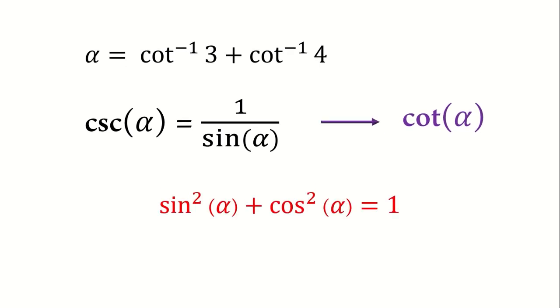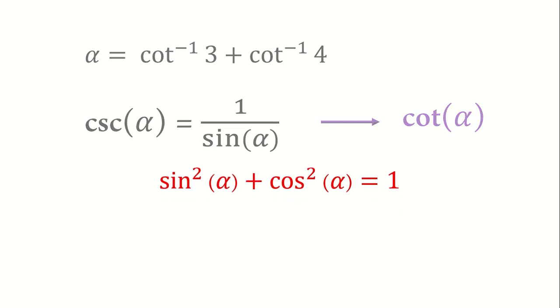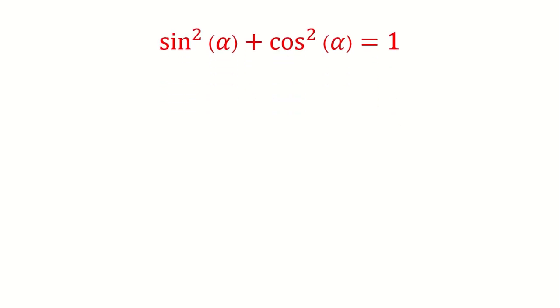We know that the formula sine of alpha to the power of 2 plus cosine of alpha to the power of 2 is equal to 1 is always true for all angles alpha.